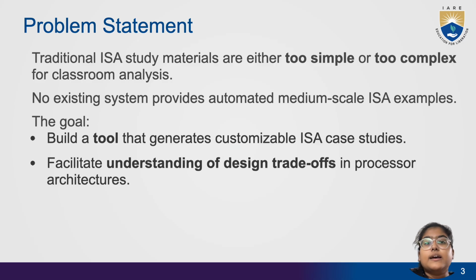On the other, industrial ISAs like x86 or ARM are too detailed for beginners to fully understand. The problem statement here is simple. Can we create a system that automatically generates ISAs of medium complexity, not too simple, not too complex, which can be used for case studies and classroom experiments? This is what my project, the Medium Generator, aims to solve.